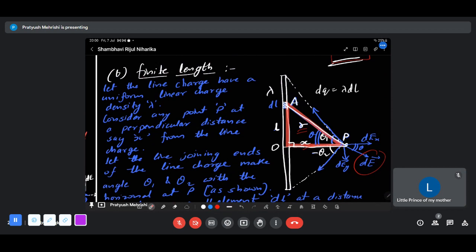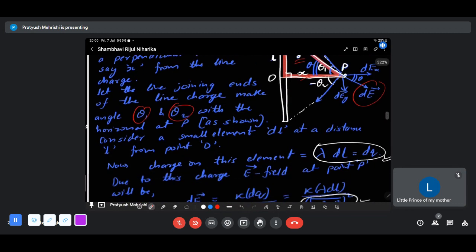Now let the lines joining the two ends of the line to the point P make angles theta1 and theta2 with the horizontal line at P, as shown in the figure. Consider a small element dl at a distance L from point O. Now charge on this element is lambda dl, that is equal to dq.